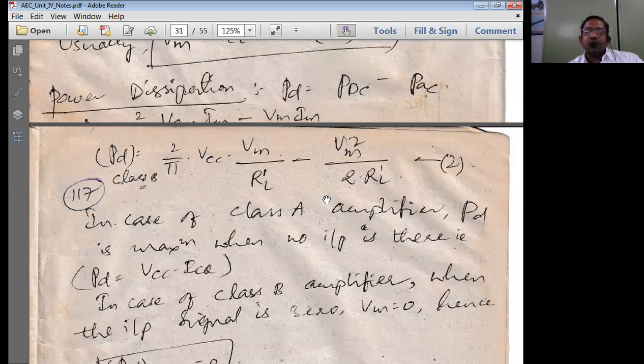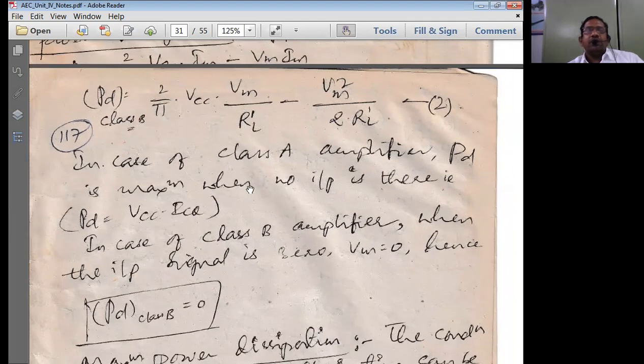So focusing only on the voltage side, we can write it in terms of only Vm, as equation 2. I could write it in terms of only current, but here, since VCC is there anyhow, I'm writing it in terms of voltage, because we are much more bothered about getting the voltage than the current at the output all the time. So that is why we consider only voltage.